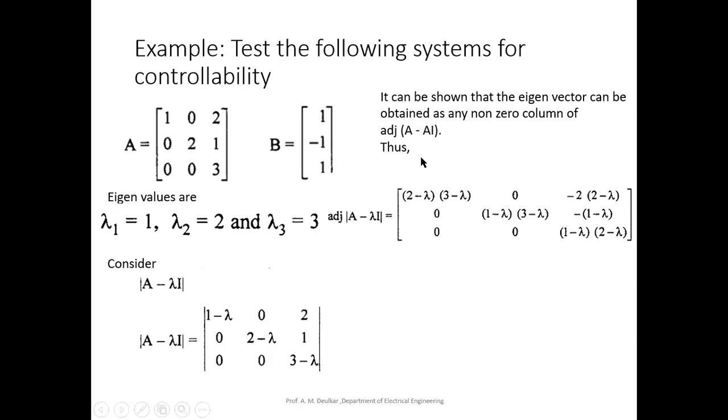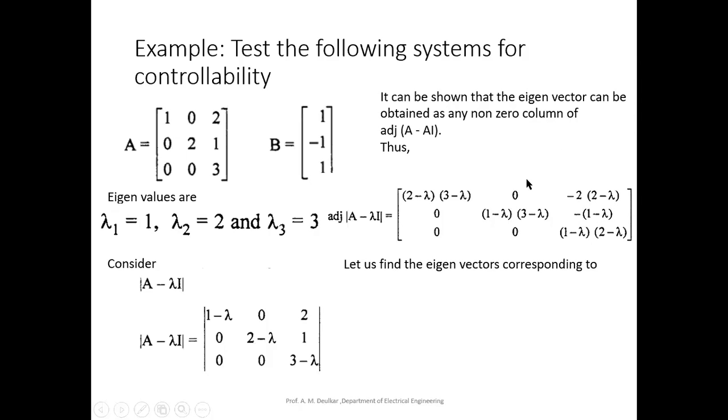Thus, the adjoint of A minus lambda I is given by this matrix. Here you can see for the first element it is (2 minus lambda) into (3 minus lambda) minus 0 into 0, then plus minus 2 in bracket (2 minus lambda).